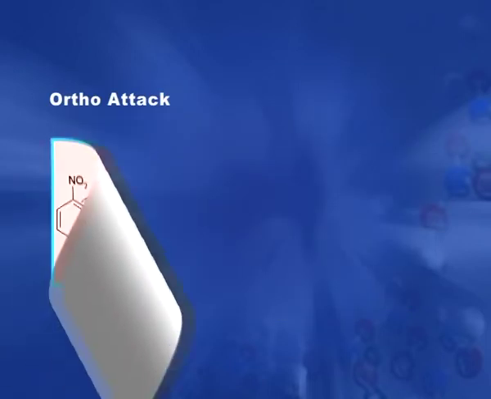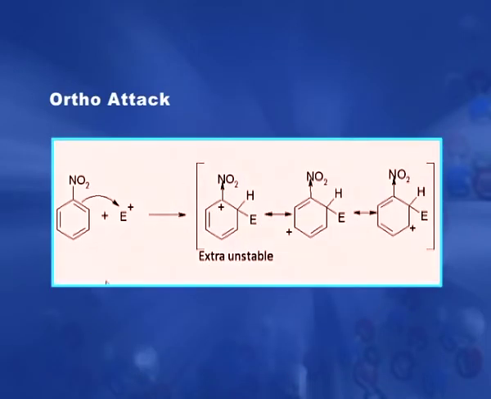We can see in ortho attack also, if the electrophile attacks the ortho position of the benzene ring, then we get this resonating structure of the intermediate arenium ion, in which positive charge is present on the carbon which is directly linked to the nitro group, and the nitro group is an electron withdrawing group. So, it intensifies the positive charge. Intensification means this resonating structure becomes extra unstable.